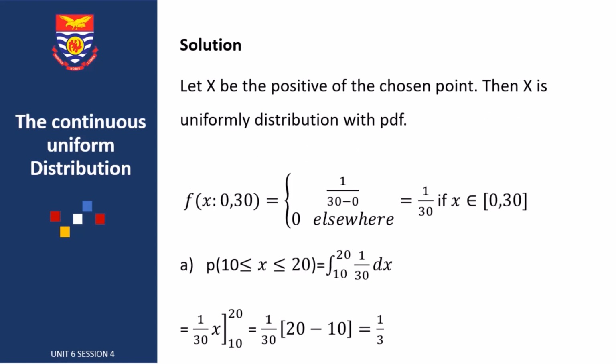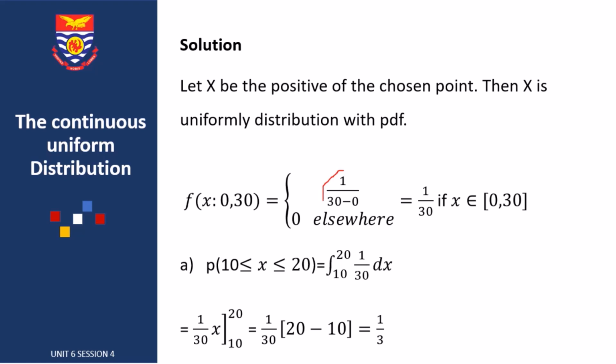Now, if x is the position of the chosen point, then x is uniformly distributed with the PDF f(x) on [0, 30]. And of course, the distribution is 1 over b minus a.